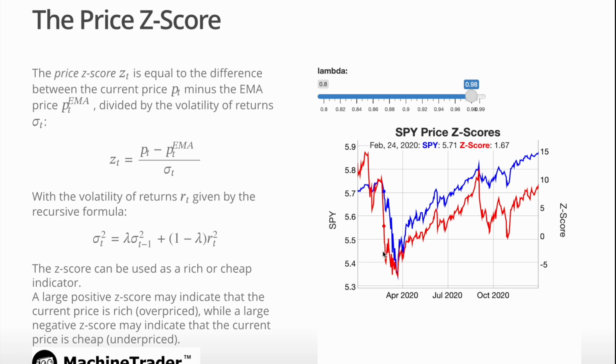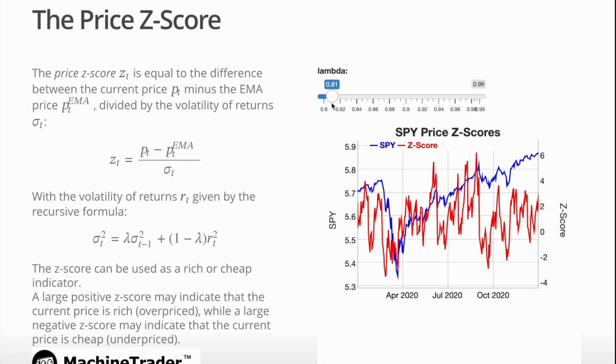So we can see that when the prices dropped to their minimum, the z-score reached -5, and when they recovered, the z-score reached over 10.